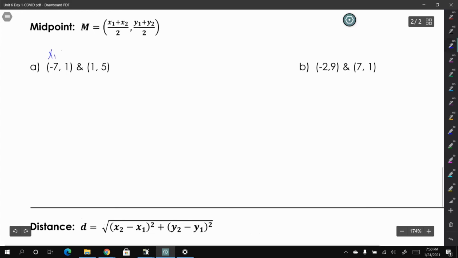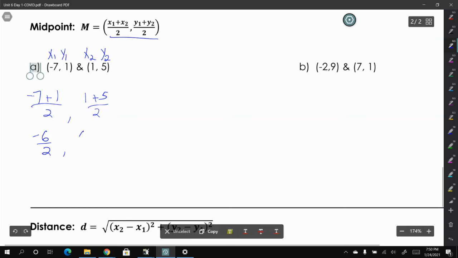So I have the midpoint formula written up above right here. So we're just going to plug in our numbers. So -7 plus 1 over 2, comma, 1 plus 5 over 2. -7 plus 1 is -6. -6 over 2, comma, 6 over 2.